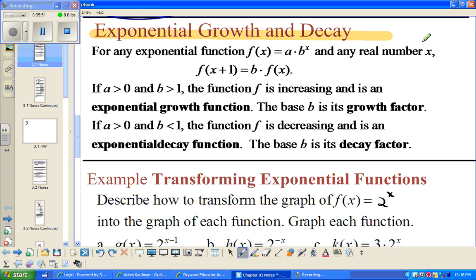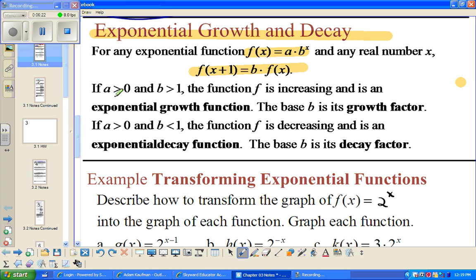So for any exponential function, again, where f of x equals a times b to the x, and you have any real number x, what this is saying, f of x plus 1 equals b times f of x, that's just saying to get the next number, if you go in 1 unit intervals, you would just have to multiply the previous number by b.